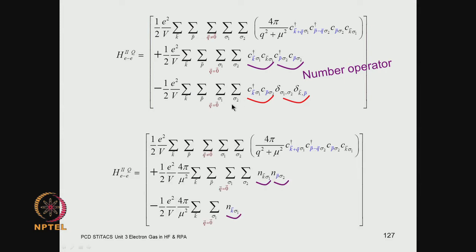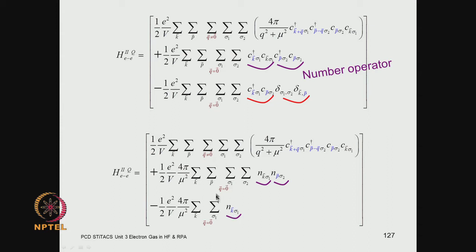So, let us carry out those summations. So, let us sum over sigma 2 and we also sum over p. So, instead of having these 4 summations, you now have only 2 summations because of the Kronecker delta contractions, and then you have a number operator here as well. So, now you have got a number operator here, a number operator here, and again a number operator here.